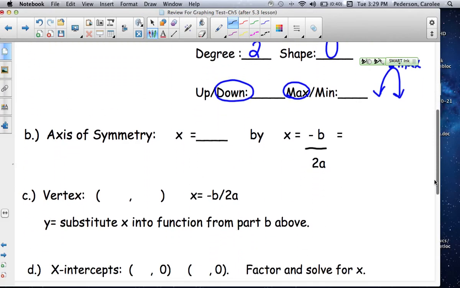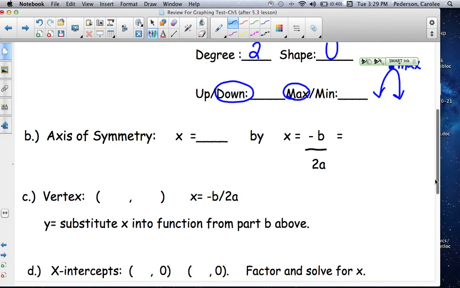Alright, let's move down now to the axis of symmetry. To find the axis of symmetry, we're going to use the same formula, x equals negative b over 2a. We'll substitute b and a into this equation.